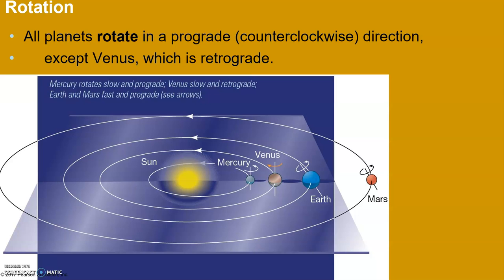So to have Venus rotate clockwise is such an aberration, and it's been the subject of debate for many years, and it's still not solved. But one of the theories of why Venus rotates clockwise, and it seems to make a lot of sense, is that Venus was in a massive collision billions of years ago that basically stopped its rotation.